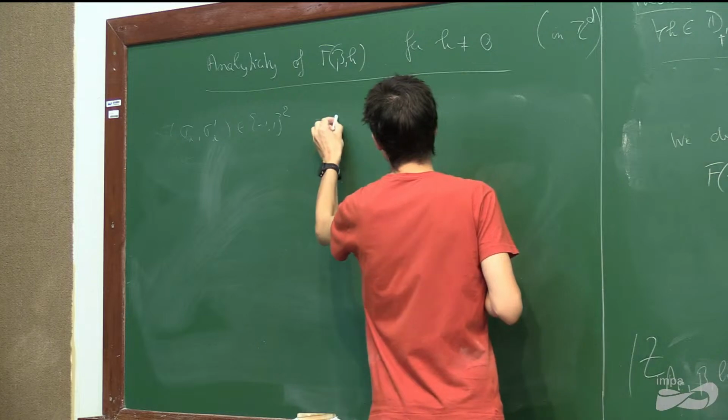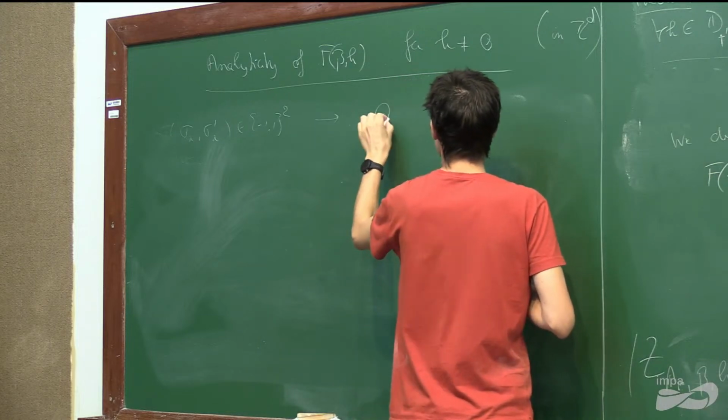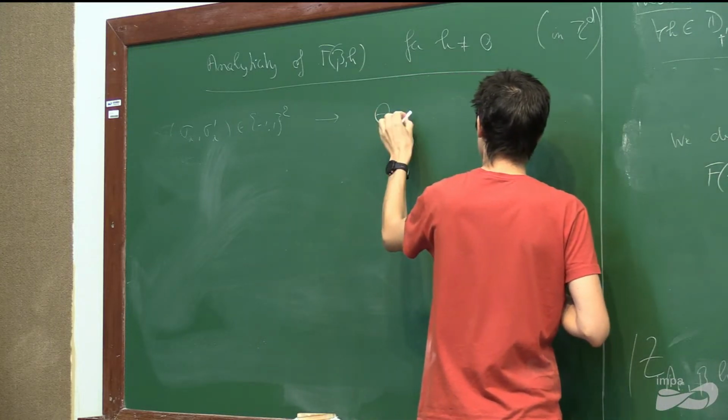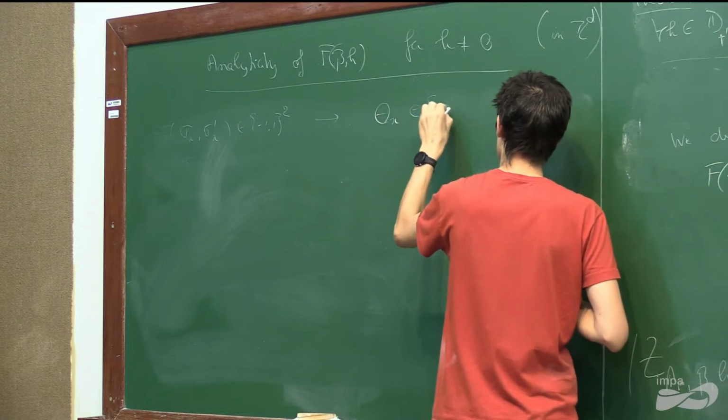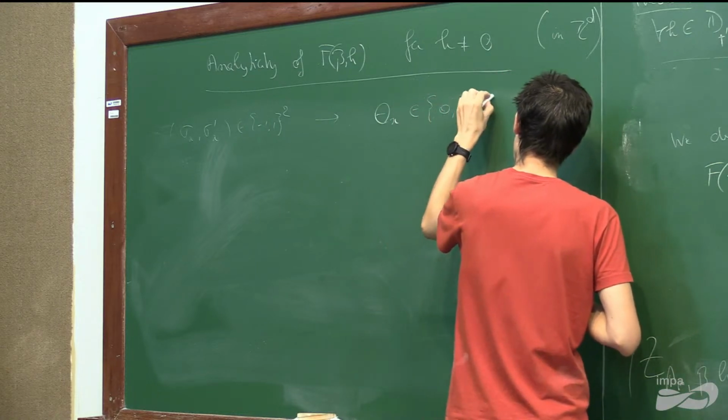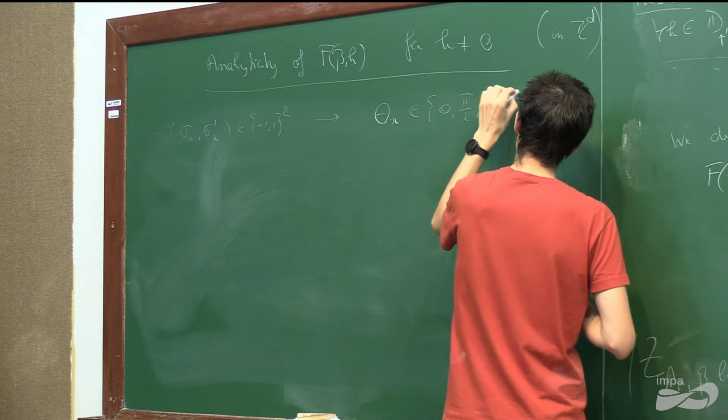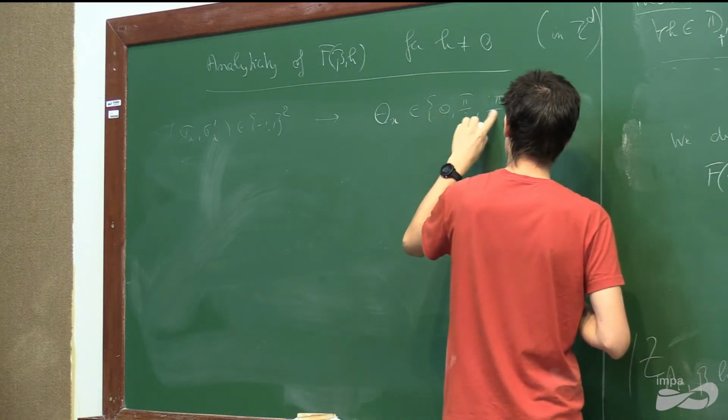We want to replace it by some angle theta x that is just a multiple of pi over 2.